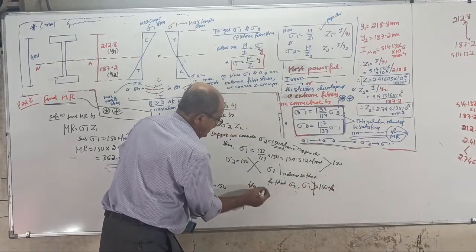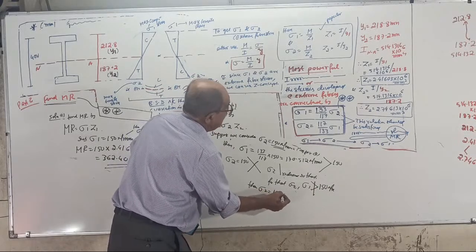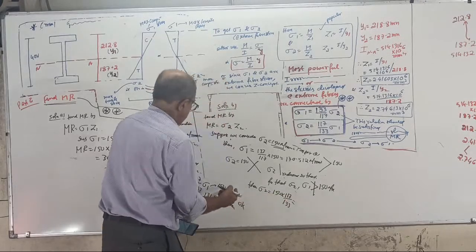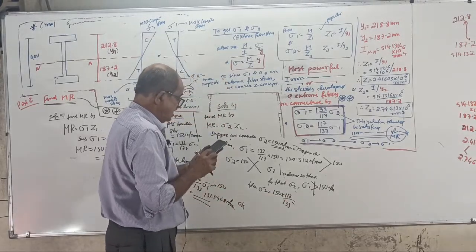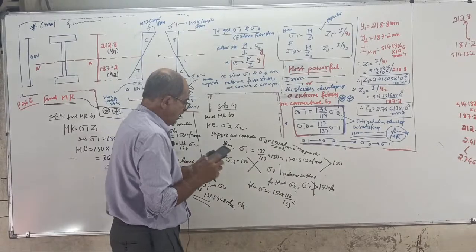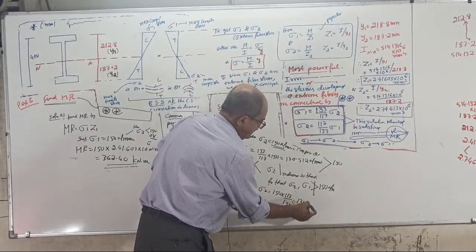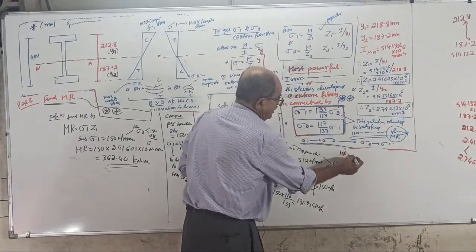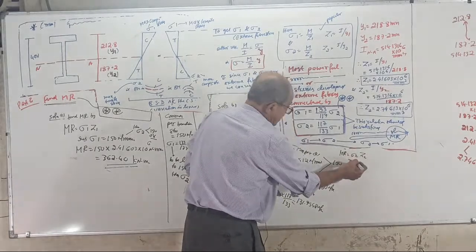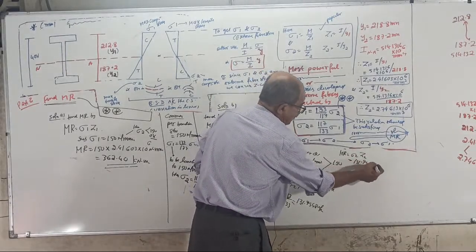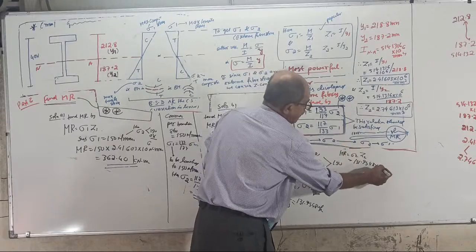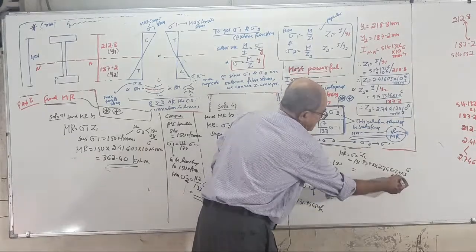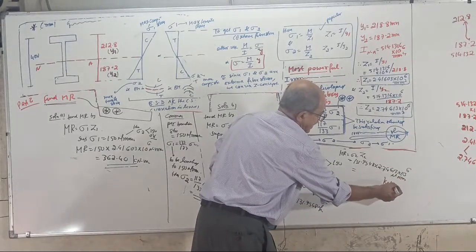That sigma 2 is what? 150 into 117 by 133 equals, how much did you get? 131.9548 Newton per mm square. Therefore, your MR will become sigma 2 into Z2, means 131.9548 into Z2, which is 2.74613 × 10^6. This is Newton millimeter. Tell the answer in kilonewton meter.